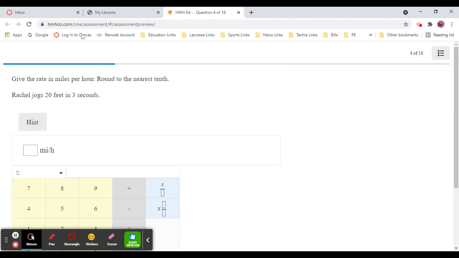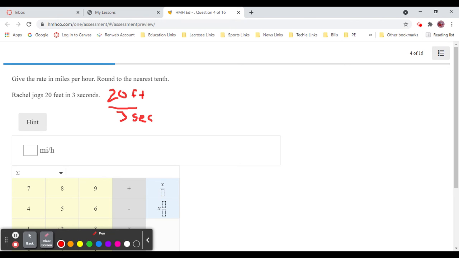Here we go. Okay. 20 feet, 3 seconds. Well, I want to know how far in 1 second. Again, I got to get to miles per hour. So here we go. 20 feet, 3 seconds. Okay.